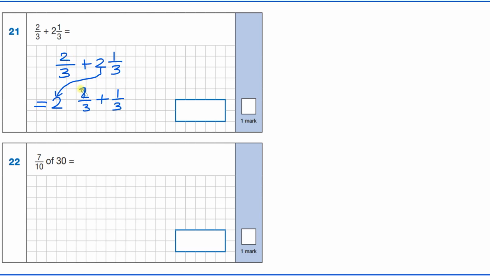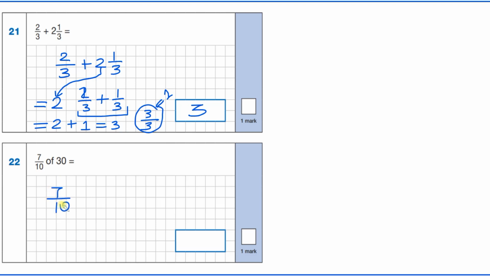So now the fractions are 2/3 plus 1/3. 2/3 plus 1/3 is 3 over 3. 3 over 3 is equivalent to 1 whole. So that means 2 wholes plus 1 whole. The correct answer is 3 wholes.